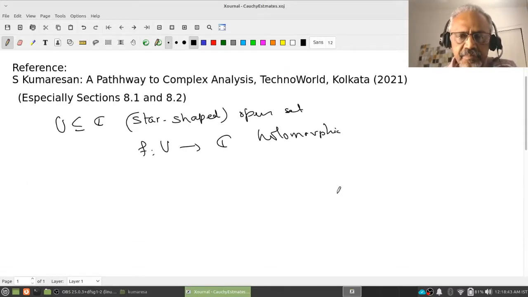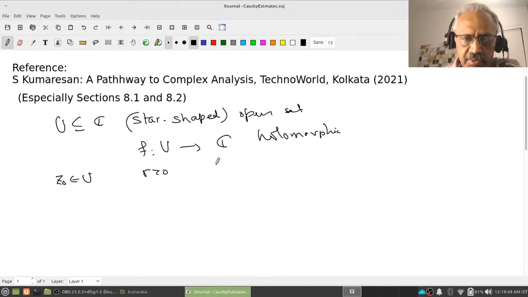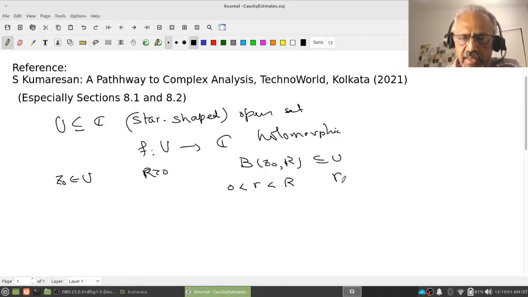Then fix z0 in U and an R positive so that B(z0, R) is contained in U. Then for every 0 less than r less than capital R, let us look at gamma(t) equal to z0 plus r e to the power i t, 0 less than or equal to t less than or equal to 2 pi.